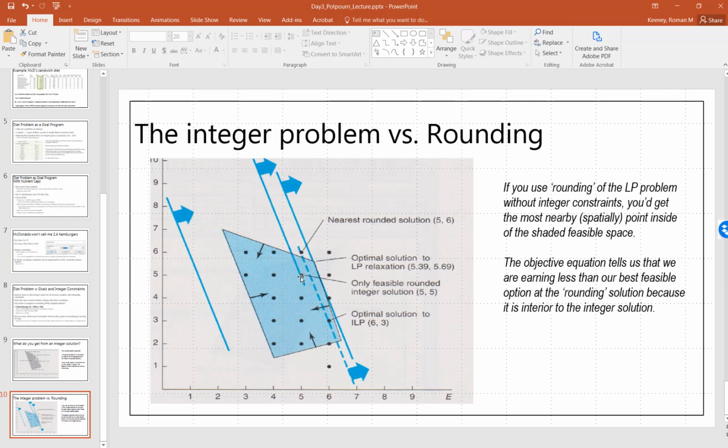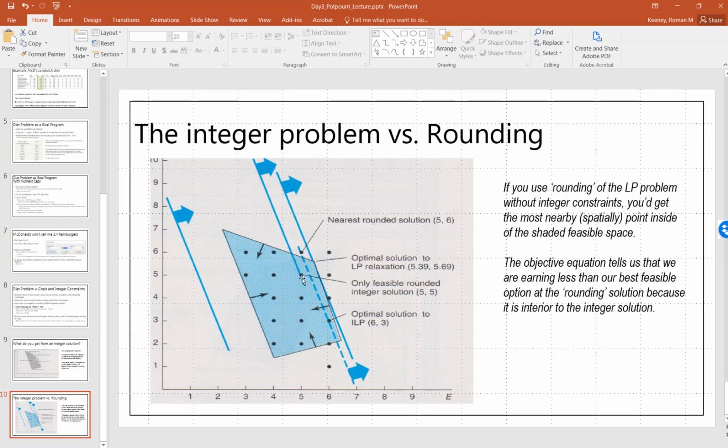A way to get around this, if it was important to us to preserve the sensitivity, would be to not just round off the solution and make it integer, but to force this not to exceed 5.